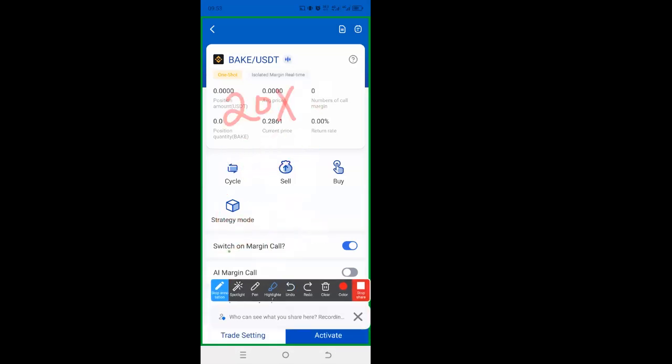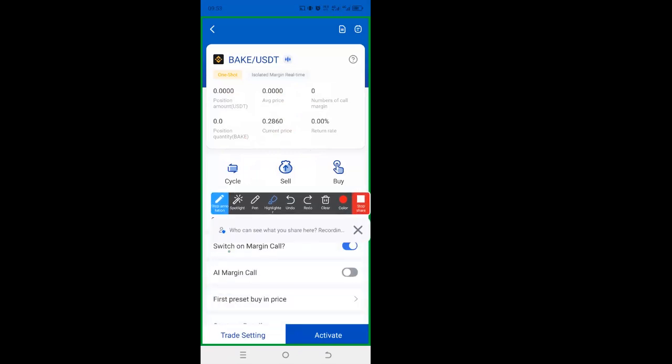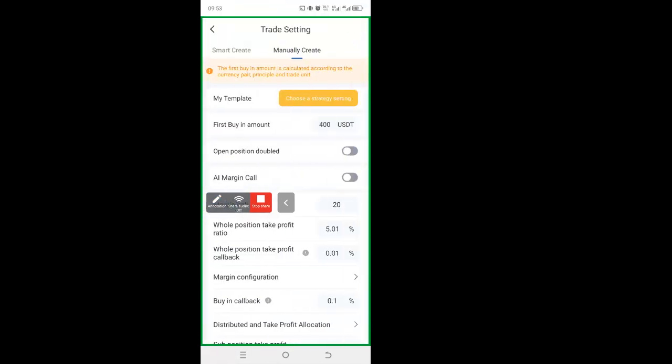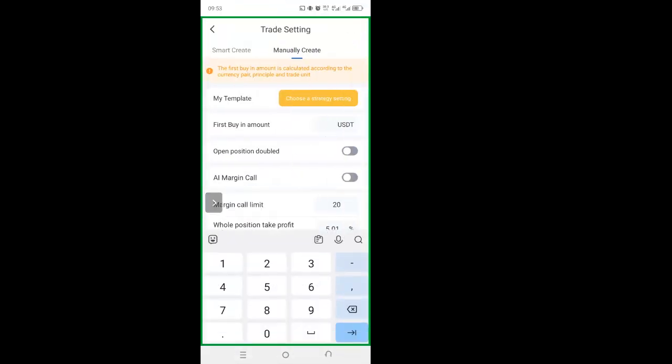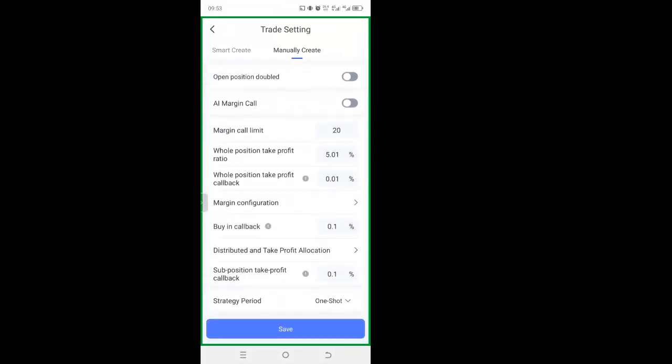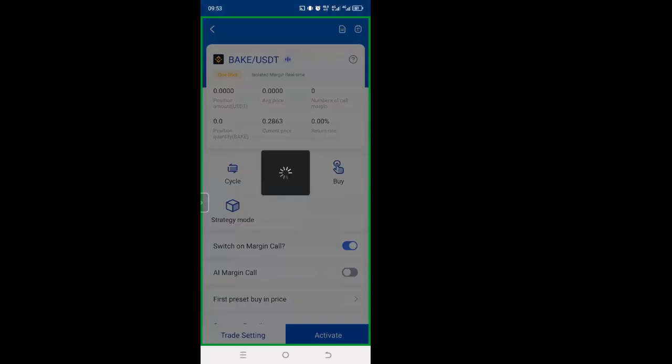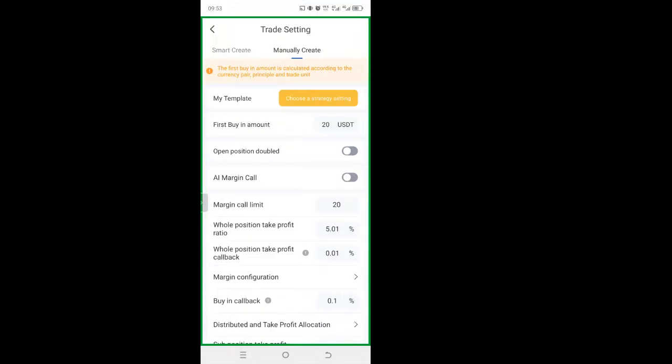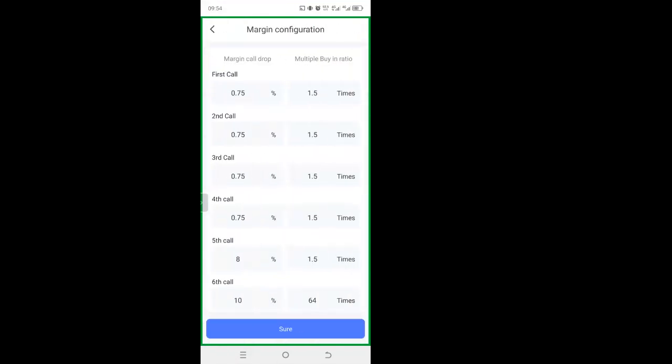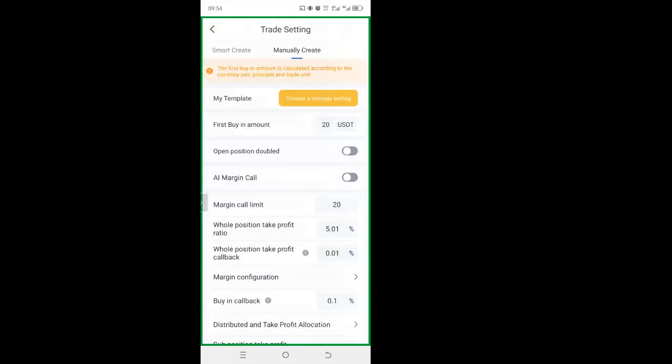You start your trade immediately. Then, what else? After starting, come back, edit, put your 20. When you put your 20, save, then all your trade will be applied. You see, all this will be applied there without wasting much time.